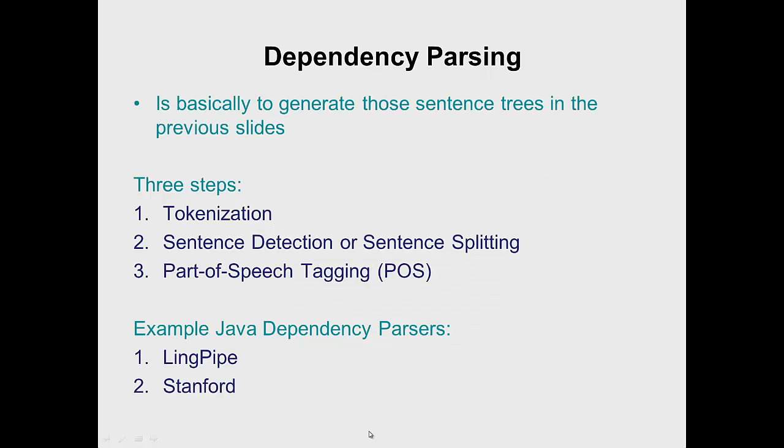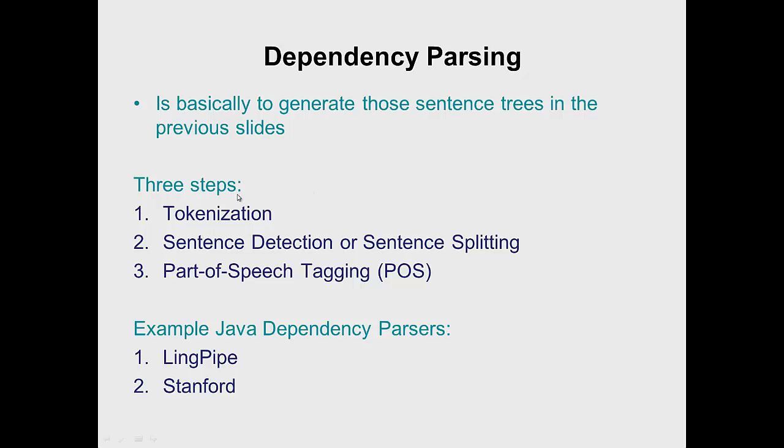Dependency parsing is basically to try to generate that tree. It's composed of three steps: tokenization, to break down a paragraph or a set of sentences into individual tokens, individual symbols, words, letters, punctuation.